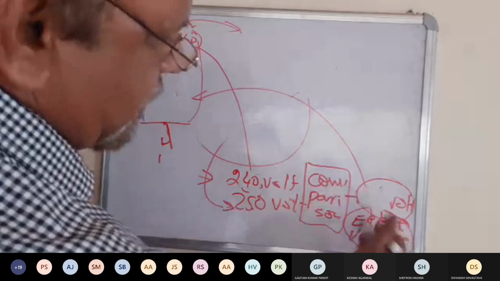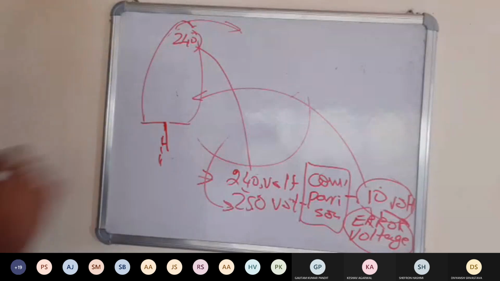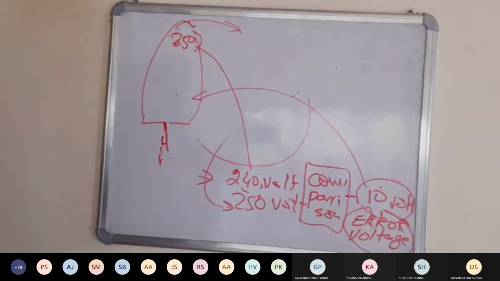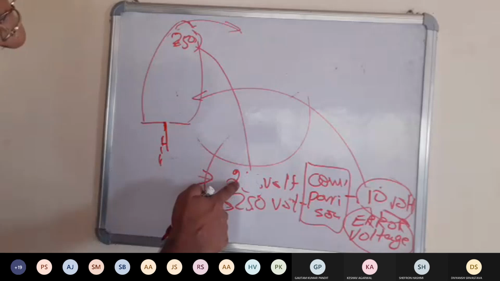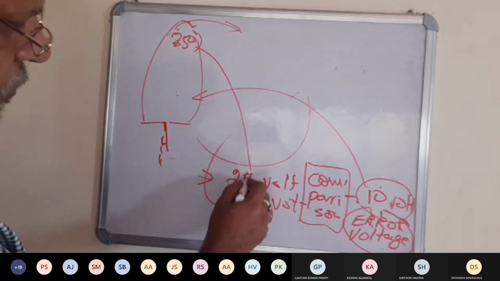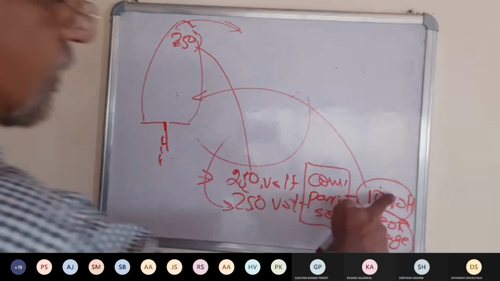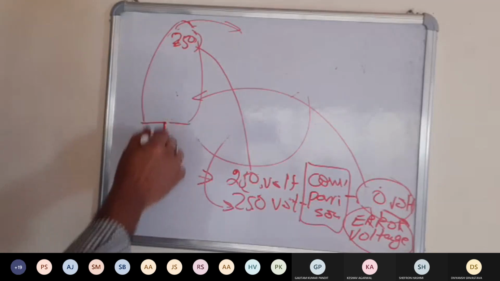So the error voltage becomes 10 volt and the rudder is brought to less. When this finally reaches 250, the heading input given to the autopilot is 250. What is the difference between the two? From the comparison, what will come out? 0. So this is 0 volt. The rudder is brought to midship.